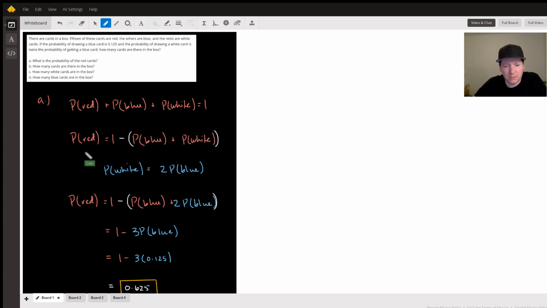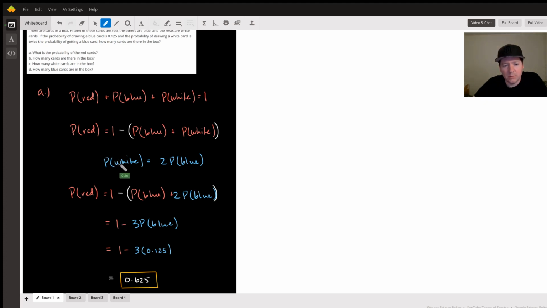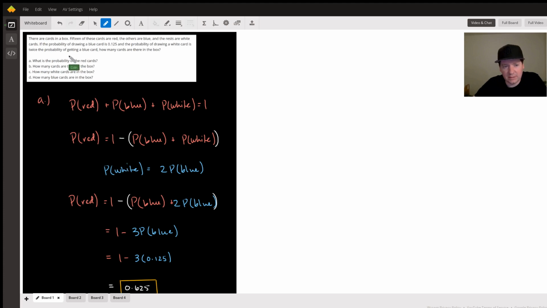And so we see that the probability of getting a red card is 1 minus the probability of blue plus the probability of white. To help us out, we're going to use the fact given in the problem that the probability of getting a white card is twice the probability of getting blue, which is known. It's 0.125.